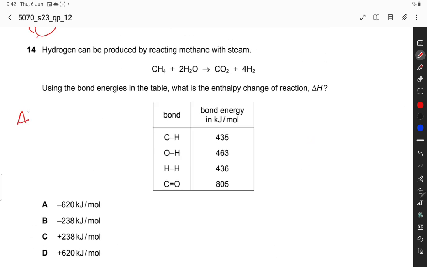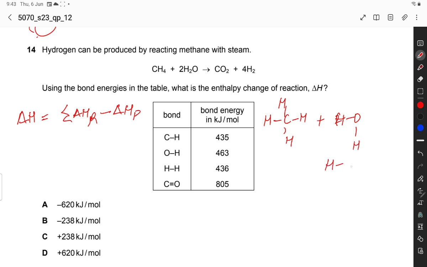We know delta H is equal to sum of bond energies of reactants minus sum of bond energies of products. So first calculate CH4 plus 2 water molecule, these are the reactants, and this is product.